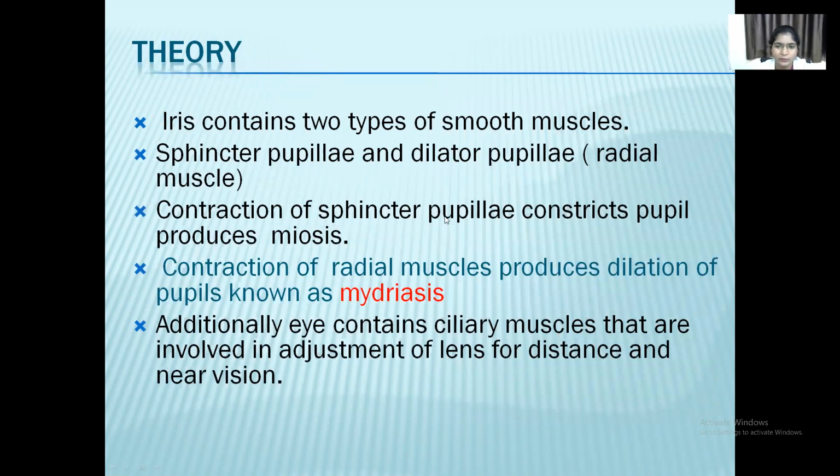Contraction of the sphincter pupillae contracts the circular muscles, and the pupil constricts; it is called miosis. Contraction of the radial muscles produces dilatation of the pupil, called mydriasis. Additionally, ciliary muscles are also present, which are involved in the adjustment of accommodation, needed for distance and near vision.